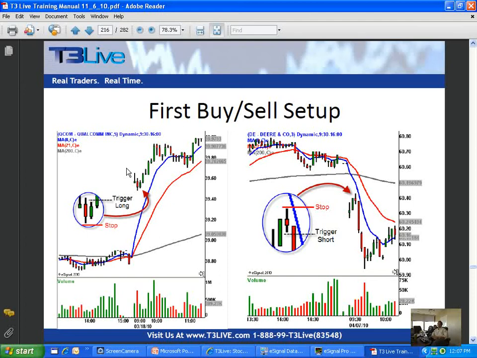So the buy and sell setup here, again, you have a gap in the picture to the left. It gaps up. It gives you that 3-bar pullback, and you can buy on a break of a prior bar's high. Notice the high, lower high, a trigger long when this 4th bar takes out the 3rd bar's high.